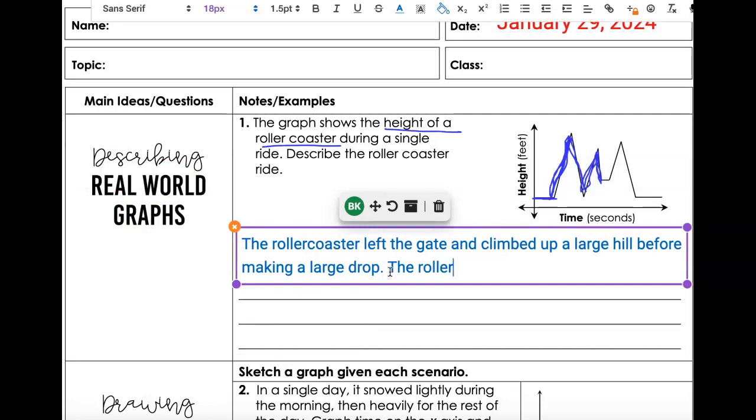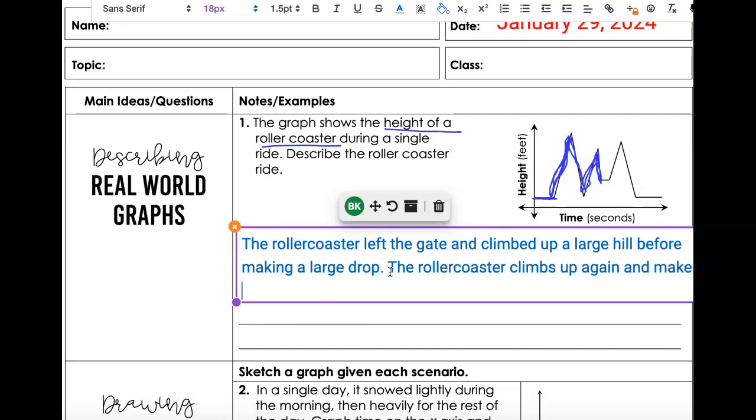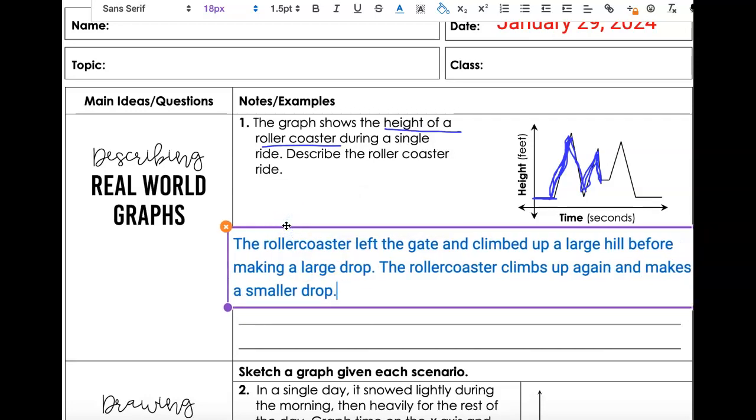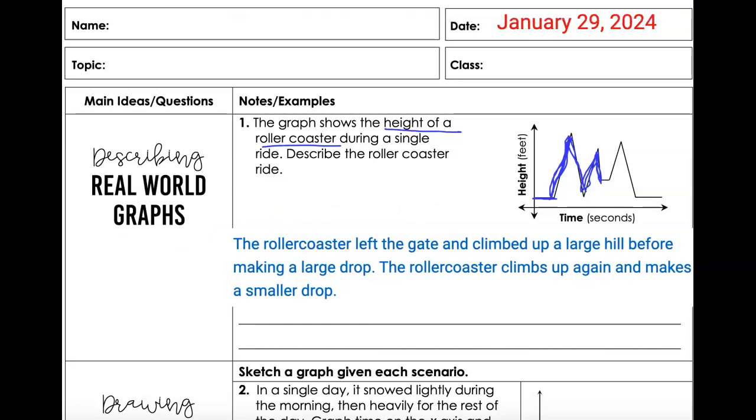The roller coaster climbs up again and makes a smaller drop. And then we can see here that there is one more time the roller coaster goes up, makes one more drop, not quite as big as the first one, and then the ride is over.